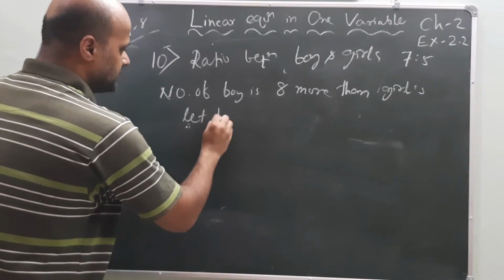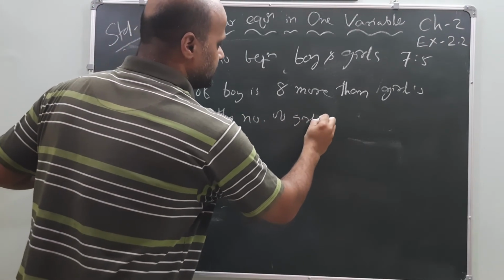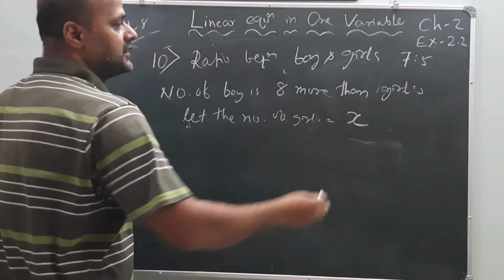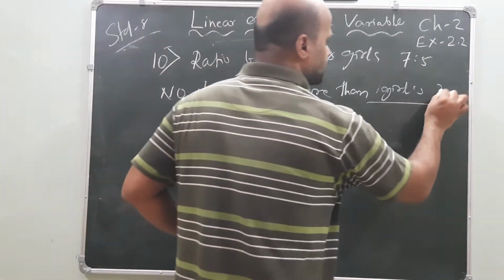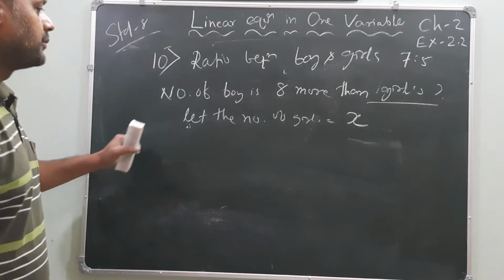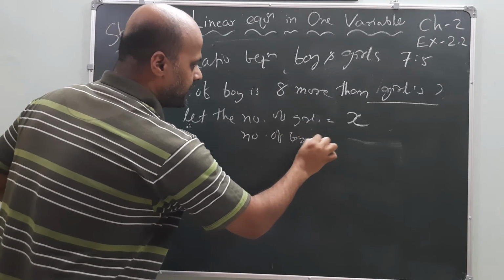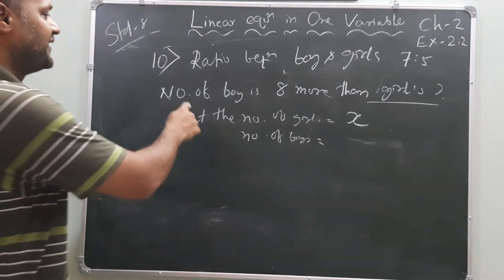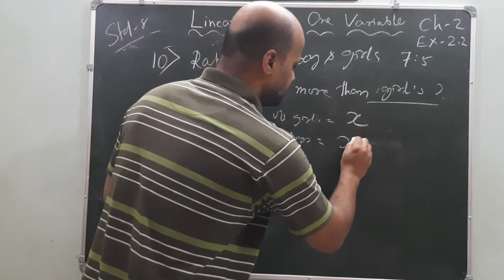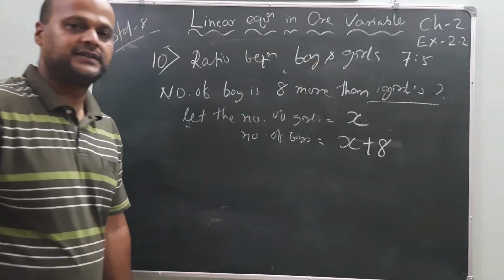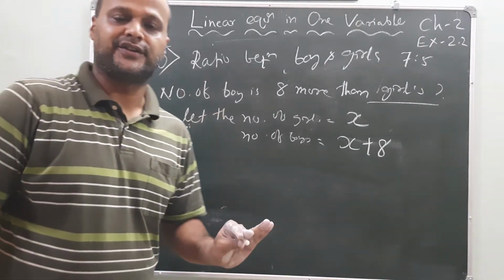Let the number of girls be x, because the girls' value is not given. Number of boys is 8 more than the girls. 8 more means x plus 8. Understood, my dear friends? This is the tricky question you have to find out within you.